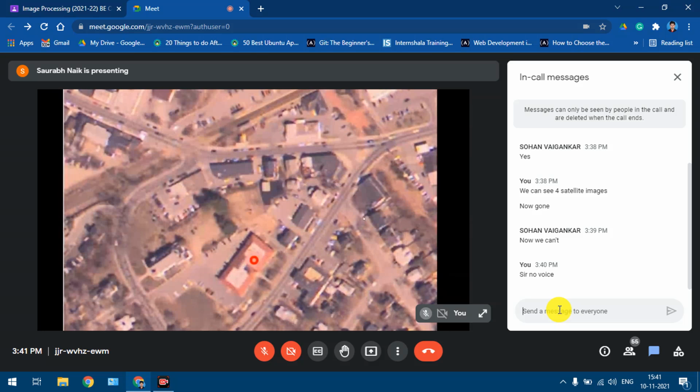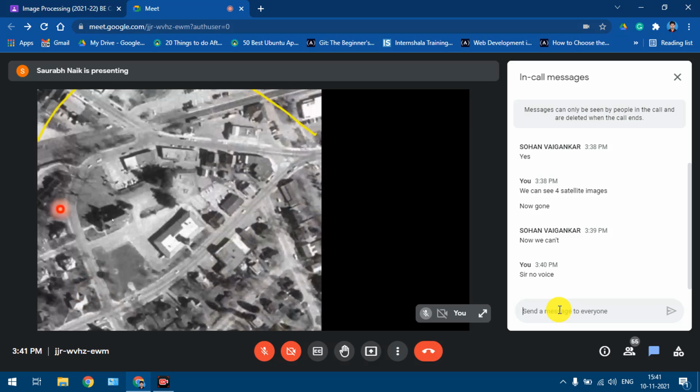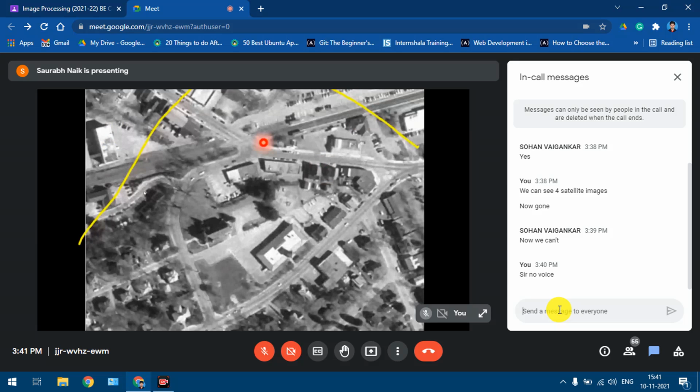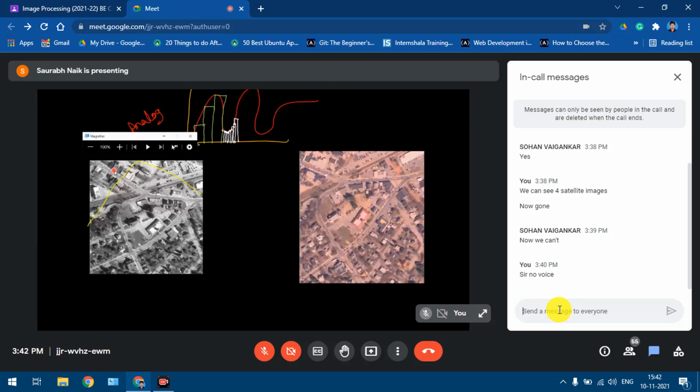If you look at this particular building, it has an H kind of shape for its roof. The same building can be seen over here. If I zoom out, you can see that this building here is the same as this building here. Only thing, the image on the right is slightly rotated compared to this, and we want to remove this rotation.